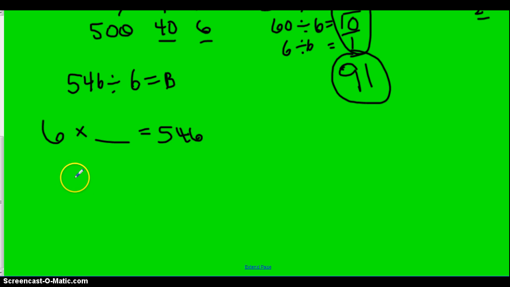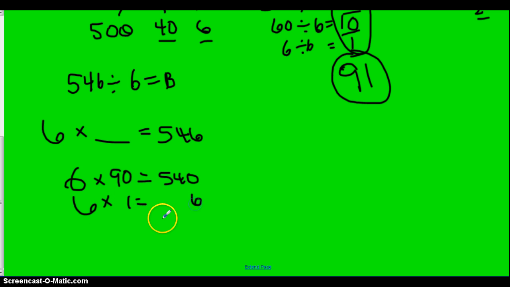So I know that if I did 6 times 90, that would equal 540. And then I know 6 times 1 equals 6. And I know together, this is 546, and that took 91 bags to do that.